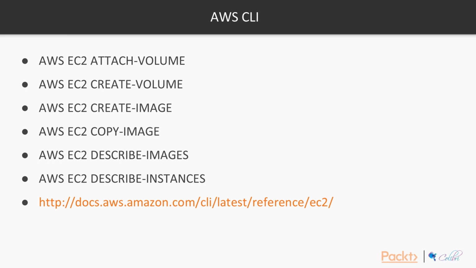Then aws ec2 create-volume to create a new EBS volume. aws ec2 create-image allows you to create a new AMI. aws ec2 copy-image copies your image over, for example, to a new region. aws ec2 describe-images shows you the available AMIs and details about them that you can use to launch new instances. And then there is aws ec2 describe-instances, which gives you information about the instances that you have created. That is it. Join me in the next one.